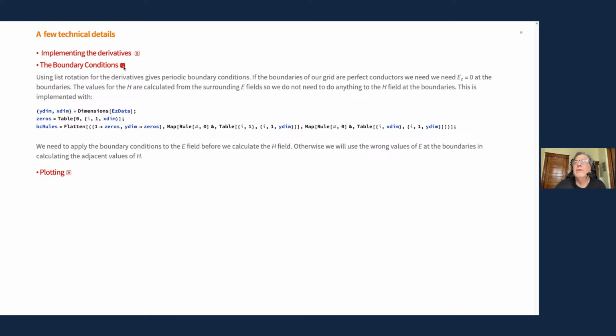All the details are in here. For the boundary conditions for a perfect conductor, we have to set the electric field to 0 at the boundaries. So you have to think about what you want to do there, but the details are given here.